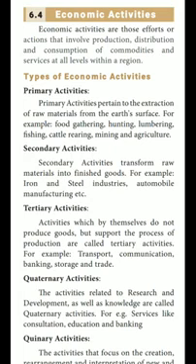Okay, primary activities. So what do you know about this primary activity? Primary activities pertain to the extraction of raw material from the earth's surface. For example, food gathering, hunting, lumbering, fishing, cattle rearing, mining and agriculture.